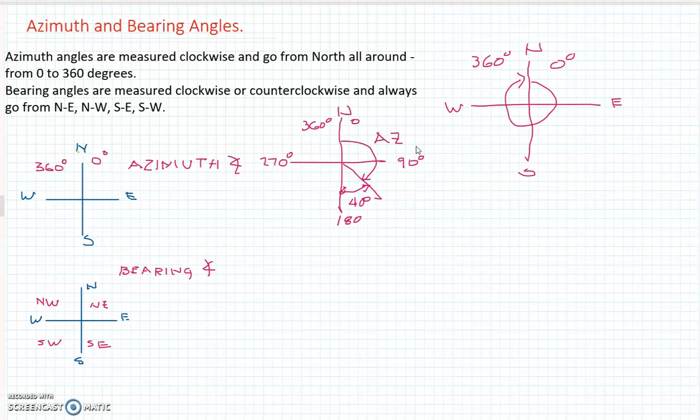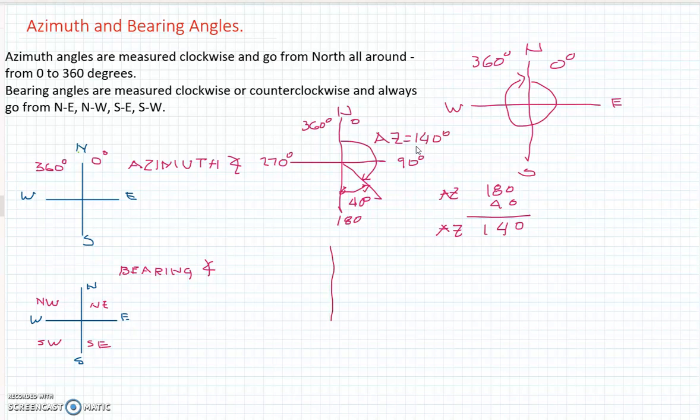If you have this, and they ask you for your azimuth, your azimuth will be 180 minus the angle that I give to you. So 180 minus 40, your azimuth will be 140. So your azimuth will be 140 from 0 all around.